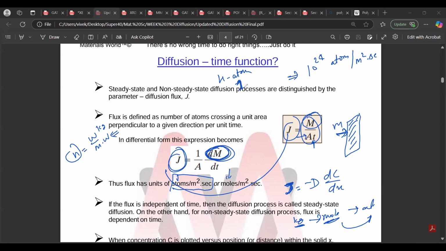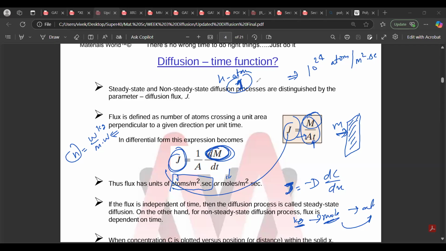What is the atomic weight of hydrogen? 1, right? So the idea is you have atomic weight 1. Hydrogen has atomic weight 1 AMU or 1 gram per mole.